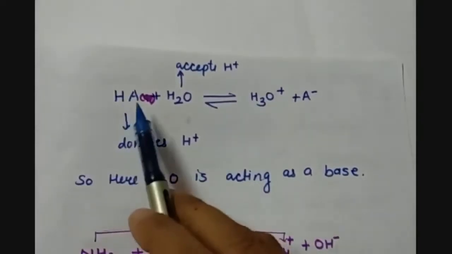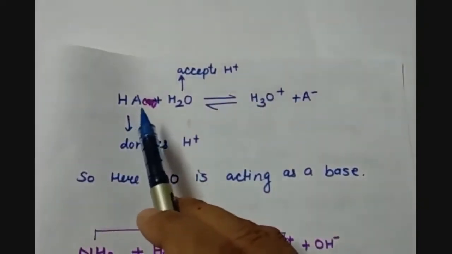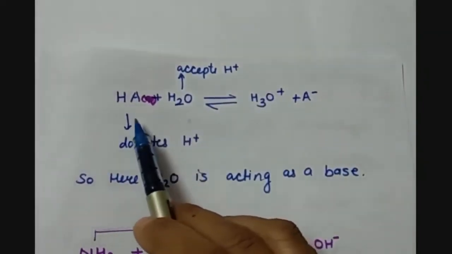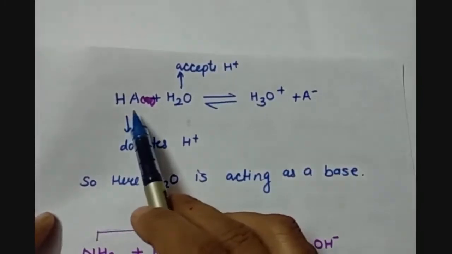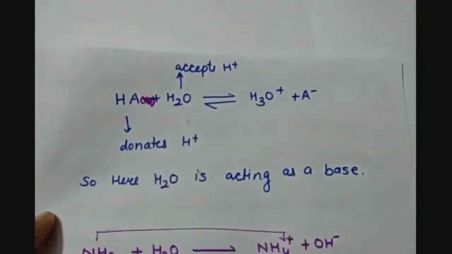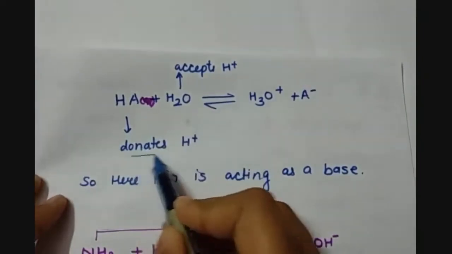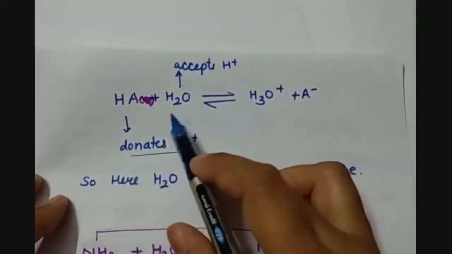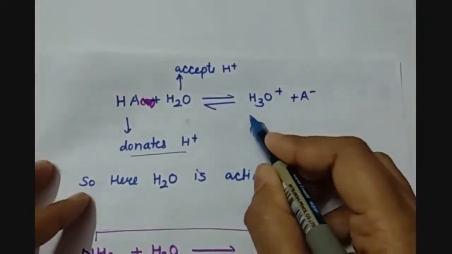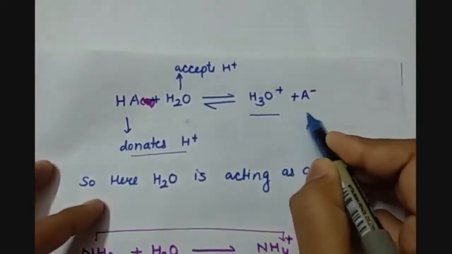Suppose as a first solvent we have some acid, and in that we are putting water. So here what is happening, because we know that acid when dissolved in water gives H plus ion, and when this H plus ion further reacts with water molecules, then it forms hydronium ion, that is H3O plus ions, and A negative.